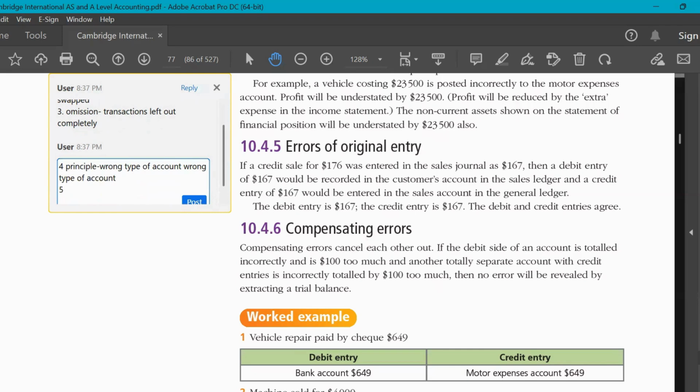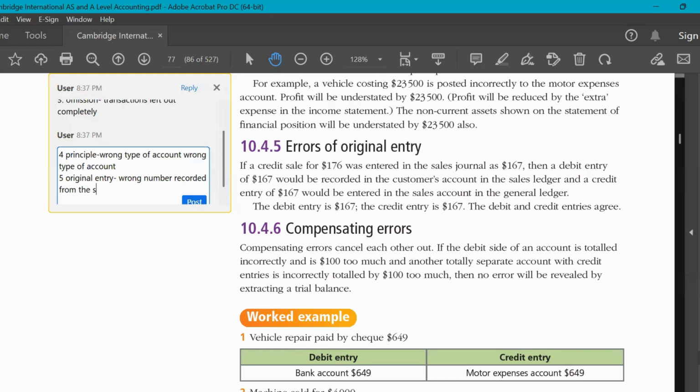Number 5 is the original entry. When we say original entry, it means the wrong number recorded from the start, from the beginning. It all starts with the ledger. And when you do the trial balance, it's balanced, but again, it all starts with the general ledger.